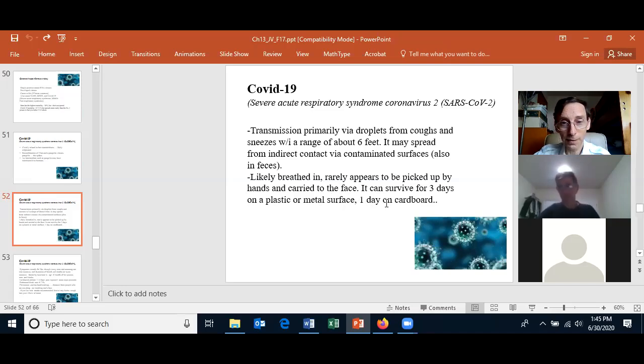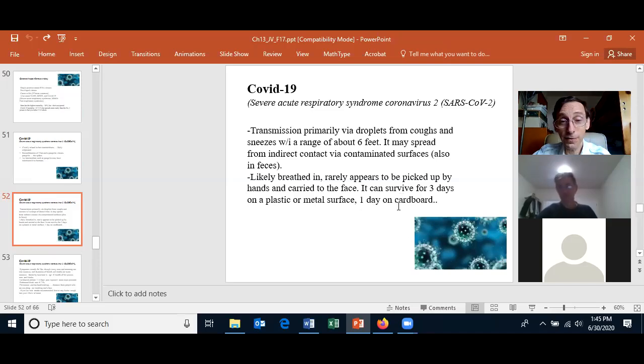Like when you open your mail, and then wash your hands, because the mail can have COVID-19. What I do is when I get mail, I let it sit for a few days, and then I open it, because the COVID-19 will be dead by the time I open my mail.